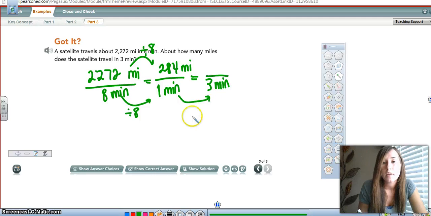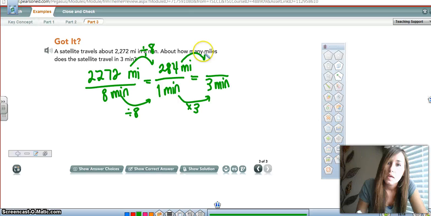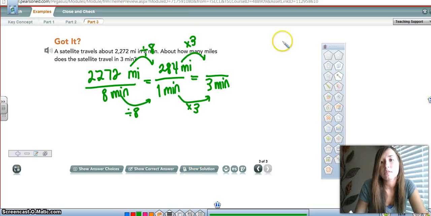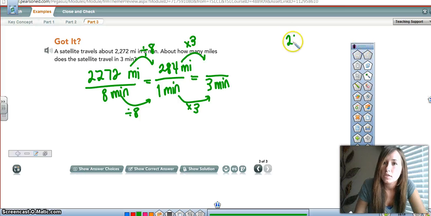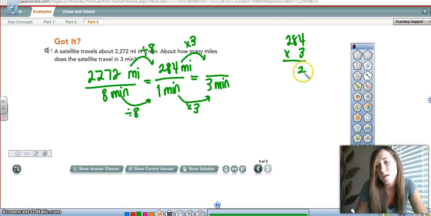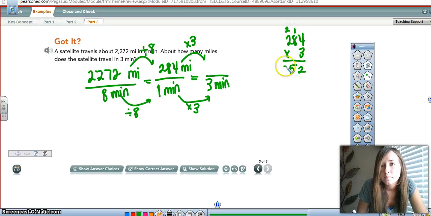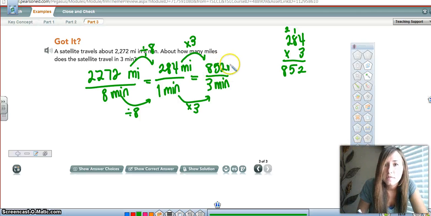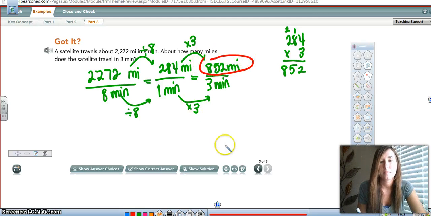Well, to get 1 and to change it to 3, we just multiply by 3. 284 times 3. We can do it off to the side, or we can use a calculator to make things faster. That's 852 miles in 3 minutes. So our answer would be 852 miles.